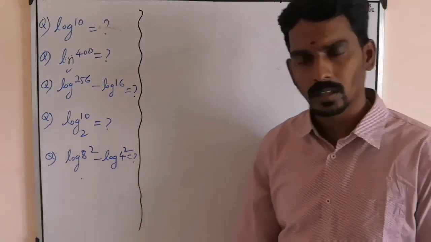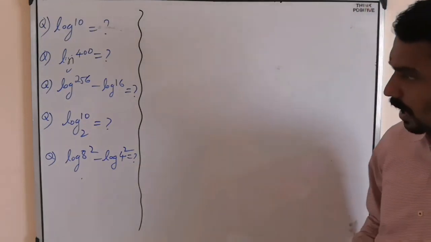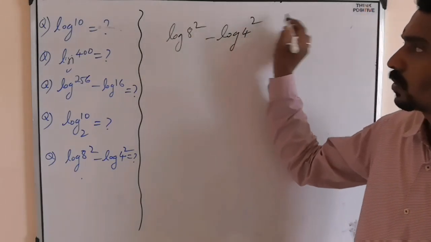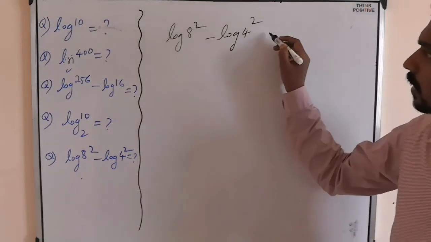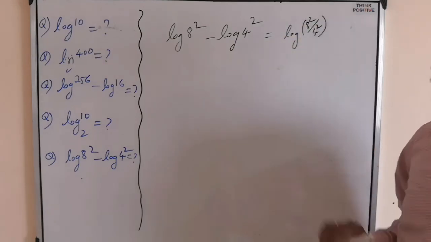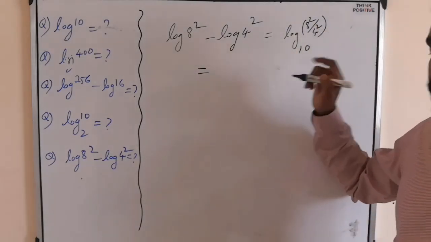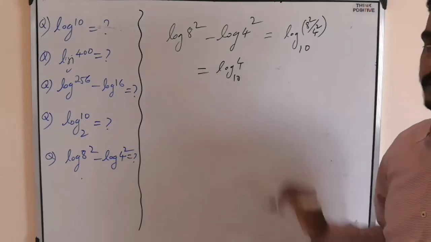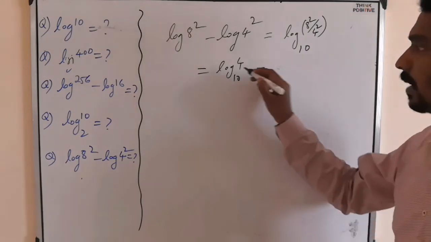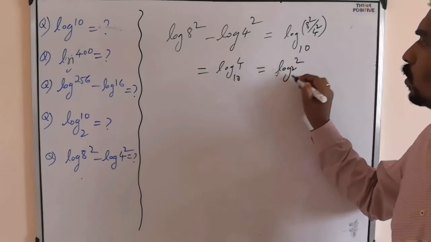One last and final question, so that we'll wind up with this one. What is that last question? Log 8 square minus log 4 square. This will become log of 8 square by 4 square, base 10, so 64 by 16, that is log 4 base 10. I told you not to remember log 4 because I have not given it in the list, since log 4 is nothing but log 2 square.